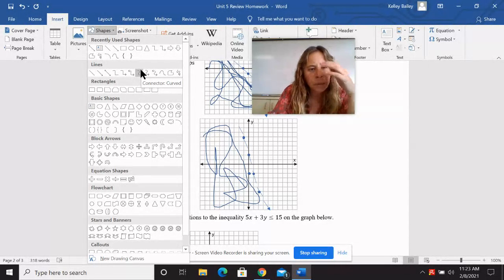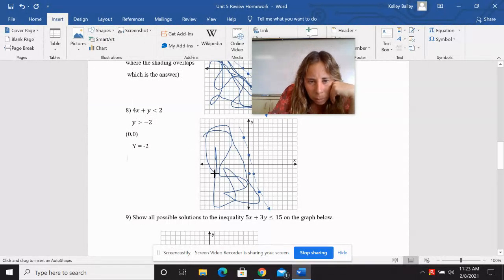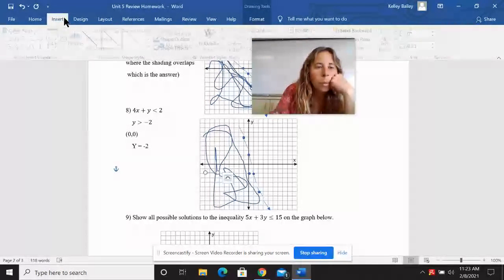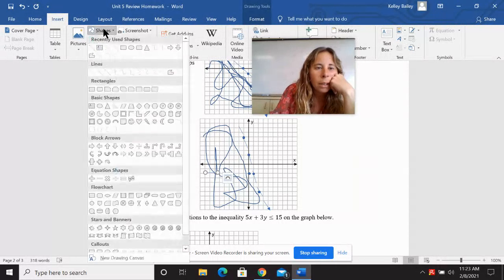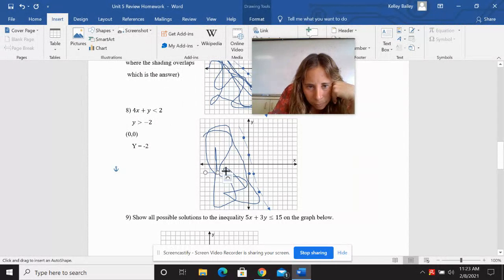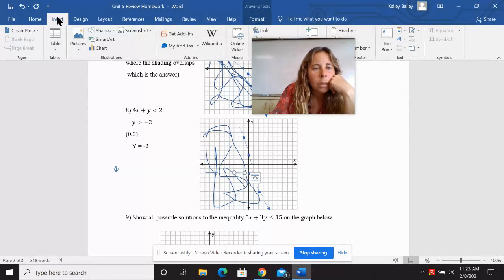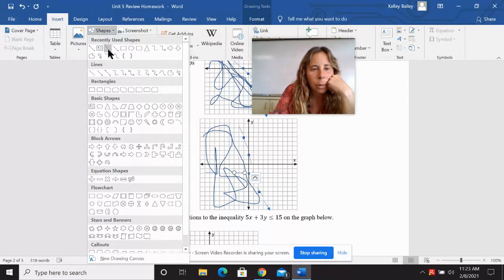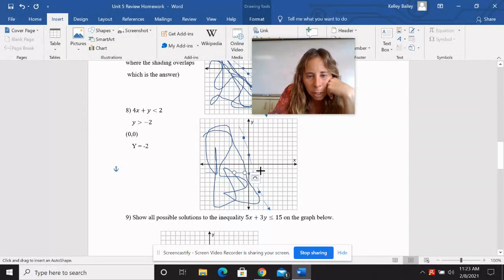Wish I had the option for dotted line. Okay, well, we'll try. Actually, this one will be easier to make. So you just put it on this line. Going to have a dotted line that goes through y equals -2.